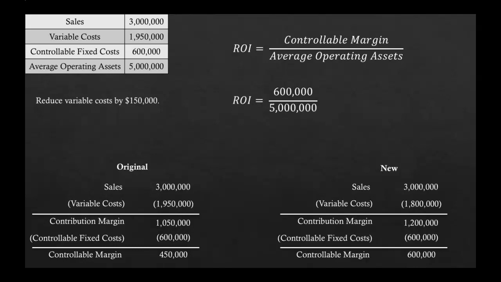So our controllable margin is 600,000, and the average operating assets is still 5 million. So 600,000 divided by 5 million gives you an ROI of 12%. So this one's not only better than the original, but it's also better than the first alternative. So we'll keep that in mind as we keep going in this problem.